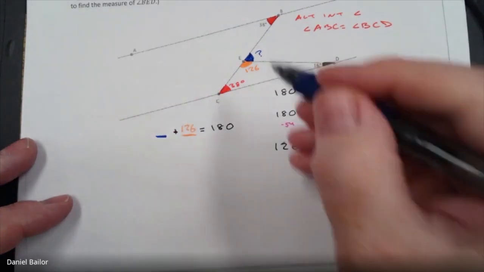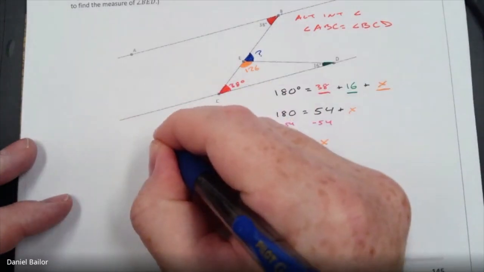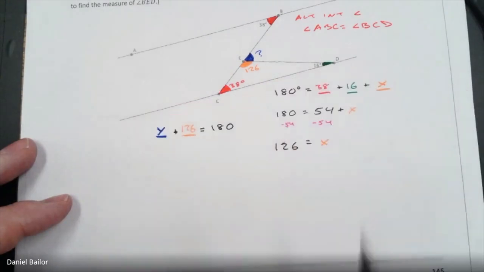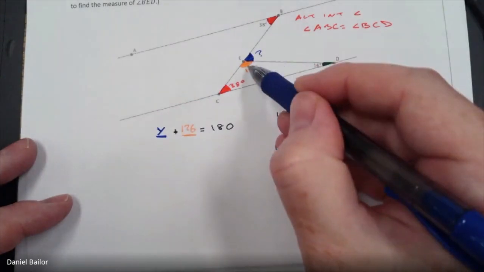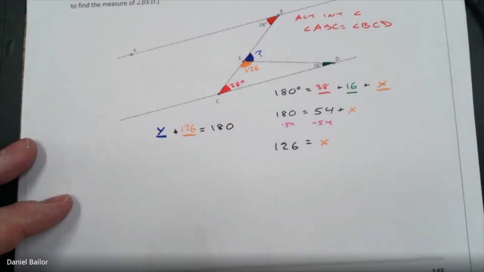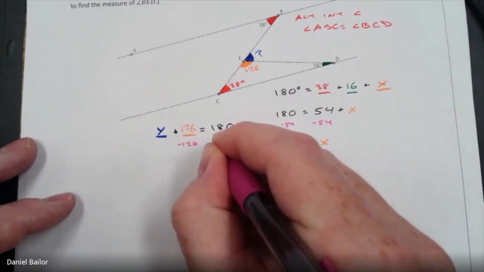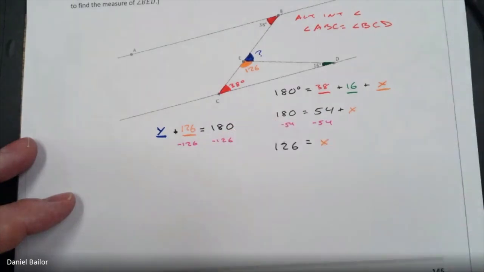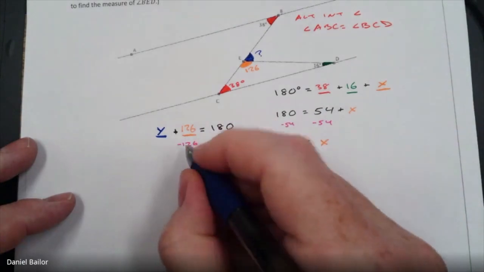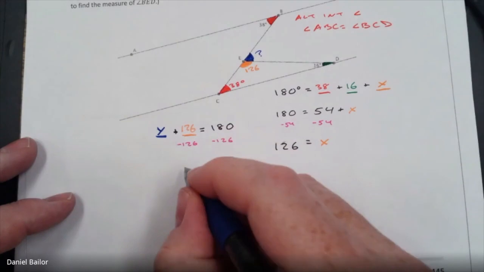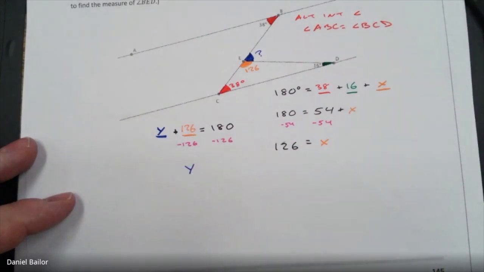The blue is unknown. Let's make it a different variable. Let's do y. So you know this plus 126 equals 180. So how do you get y by itself? You do minus 126 from both sides. So you find out that 126 minus 126 is 0, so you get y by itself.